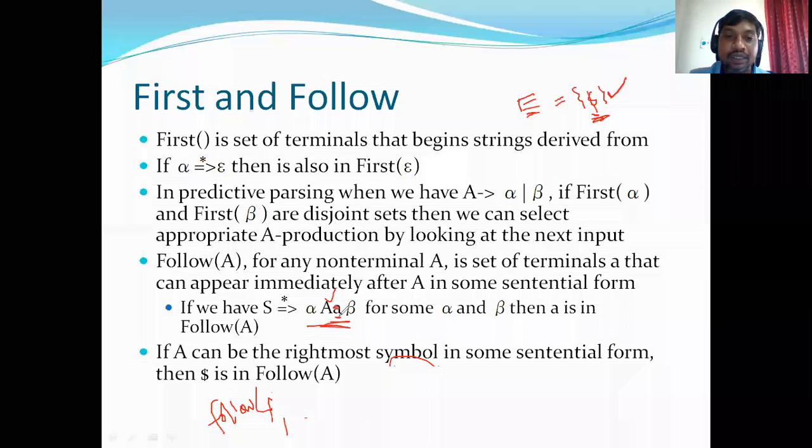Here, small a is the follow of capital A, the non-terminal A. If A and beta lead to epsilon, then follow of A is in follow of S. That is the third rule. Let us try to compute the first and follow sets for the given grammar.